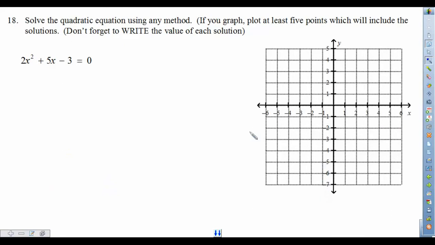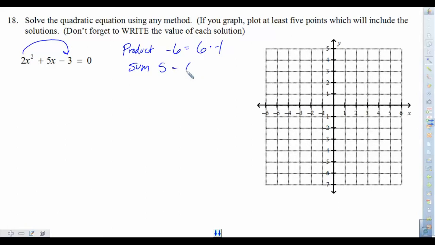Looking at number 18, this one here, we can't take out a GCF. So this would be the one if you wanted to solve it by factoring. Take that 2 times that negative 3, so now I'm looking for a product of negative 6, sum of positive 5. I think we can do that if we have a positive 6 times a negative 1, and then a positive 6 minus 1.